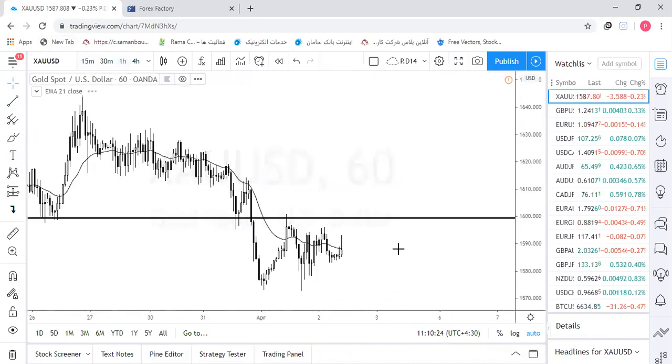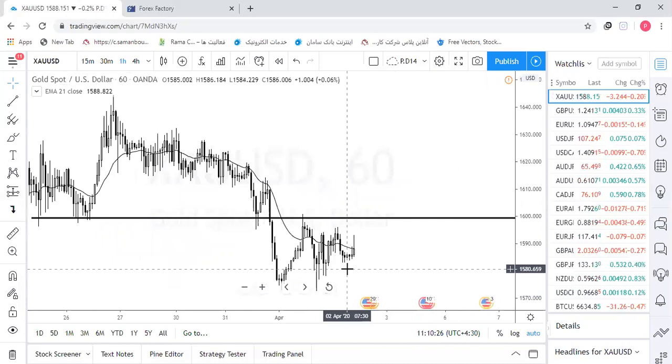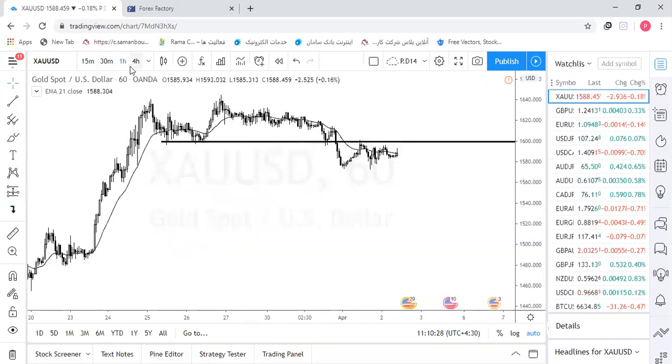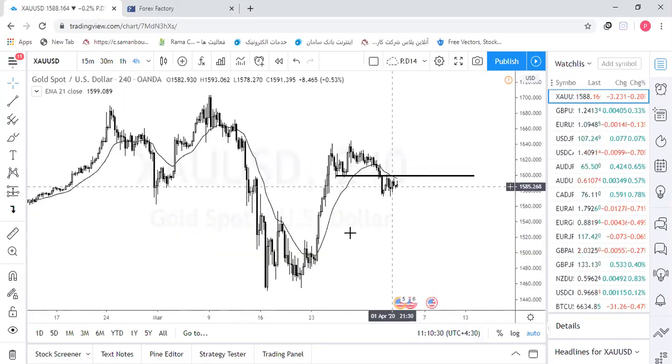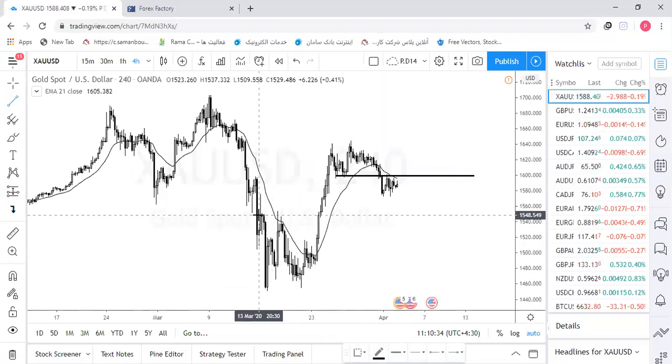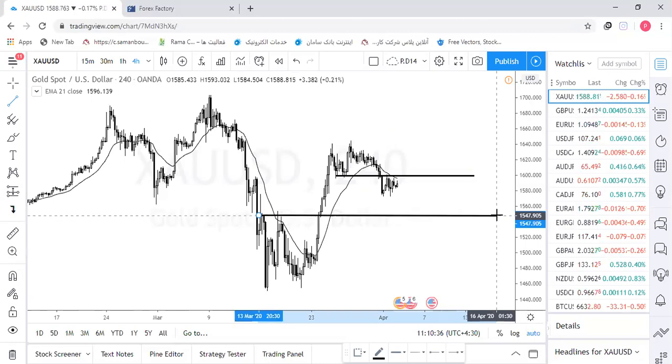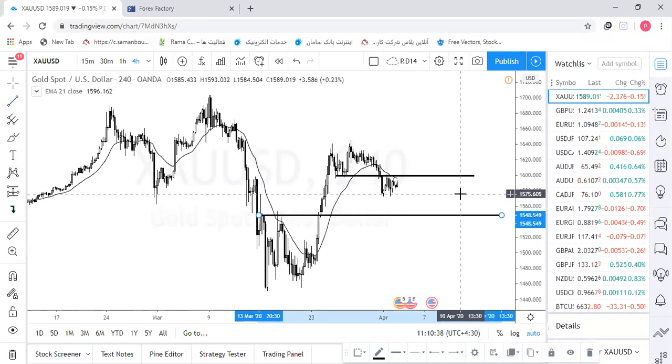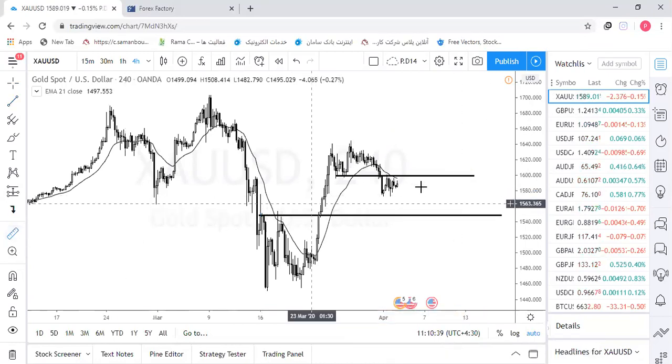So in my opinion, price is most likely to go down because it is consolidating below a resistance. So I see price is coming down to this area for 418 pips, but no entries right now because I can't find a good entry.